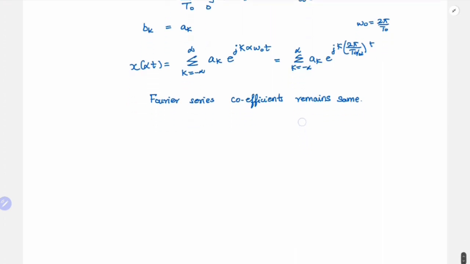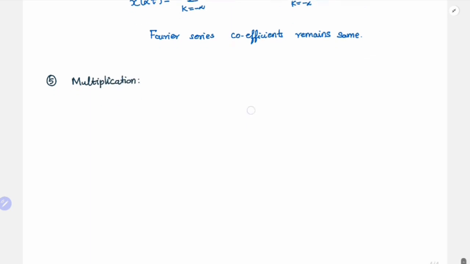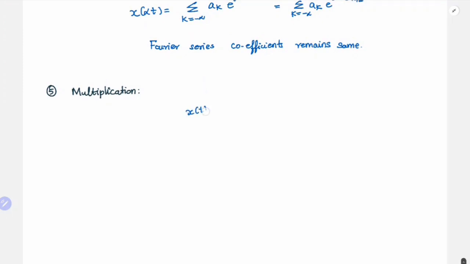So next let us see what happens when we multiply two signals. The fifth property is multiplication. Let's say x of t has Fourier series coefficients ak and y of t has Fourier series coefficients bk. What about x of t into y of t?